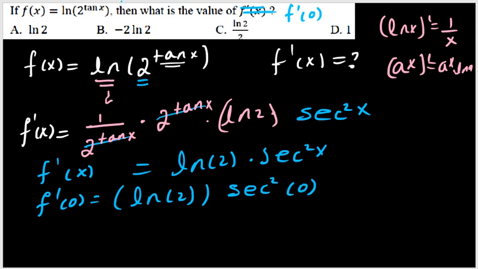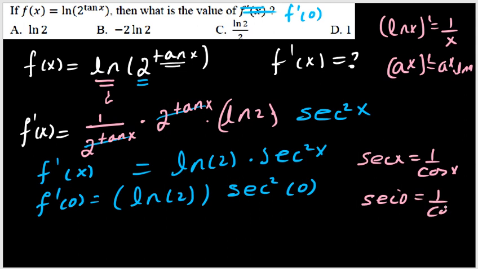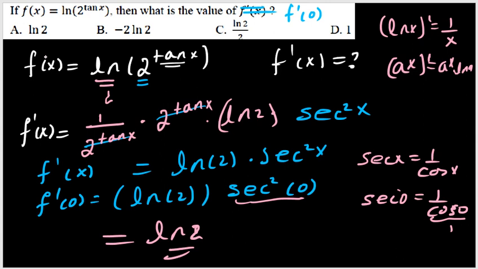You know, sec x is the same as 1 over cos x. So sec 0 is the same as 1 over cosine 0, and cosine 0 is 1. So when you square it, it will be the same, 1 over 1 is 1. So the answer is going to be just ln 2. So still the answer will be A.